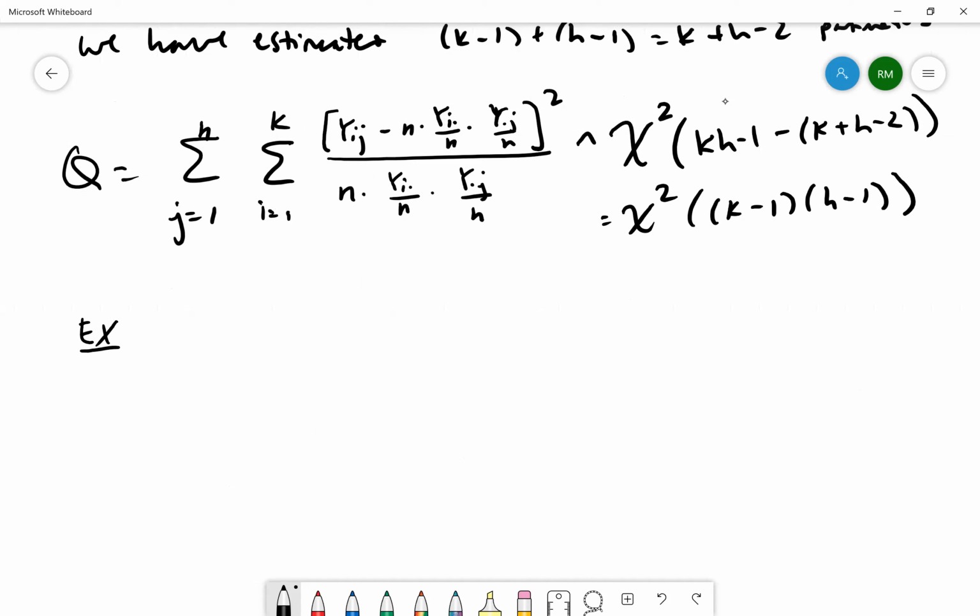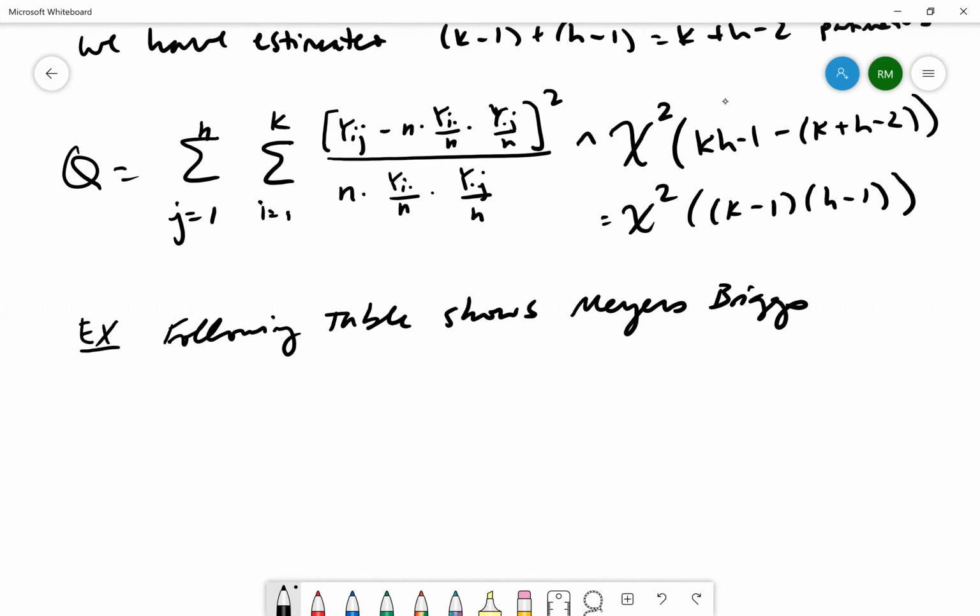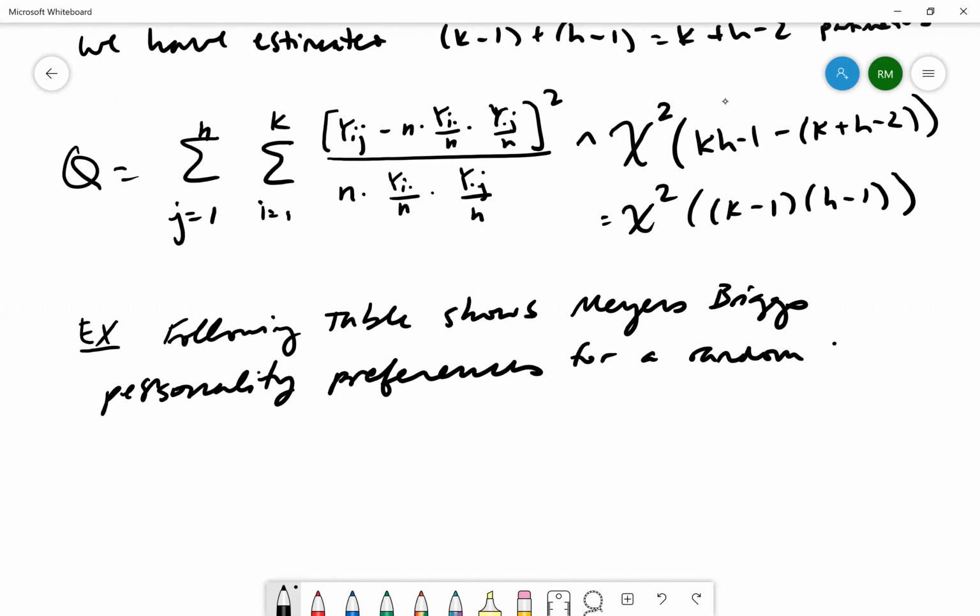The following table shows Myers-Briggs personality preferences for a random sample of 406 people in 3 certain professions.